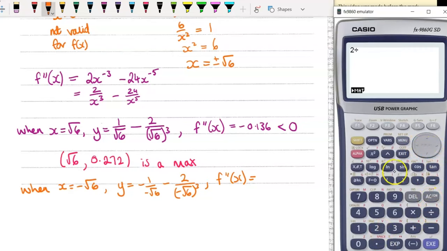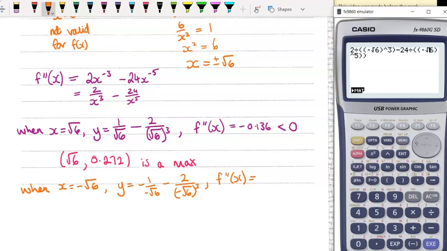So 2 divided by negative root 6, and that's to the power of 3. I'm just going to put a bracket around those just to make sure. Okay, and then taking off 24 divided by negative root 6 to the power of 5. Again, I'm just substituting into the second derivative there, and I've made a mistake somewhere along the lines.